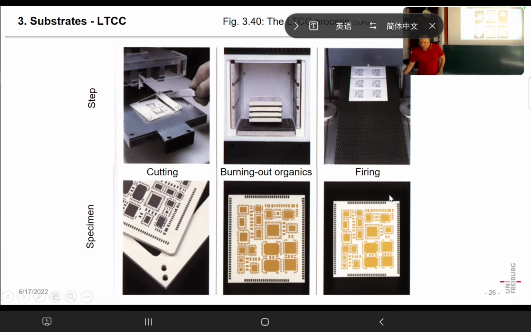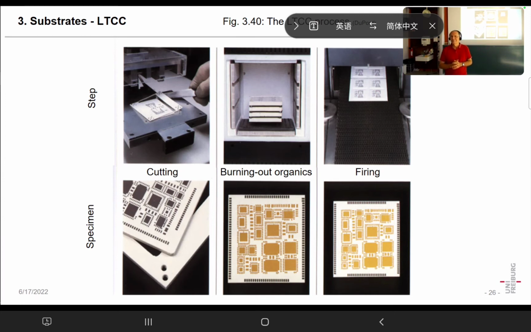But if you do the firing in the next step, let's say at 850 degrees centigrade, you have a sintering, and sintering, we always know, reduces porosity, and if the porosity is eliminated, the whole thing will shrink. So it becomes smaller. That is also a little problem in production.